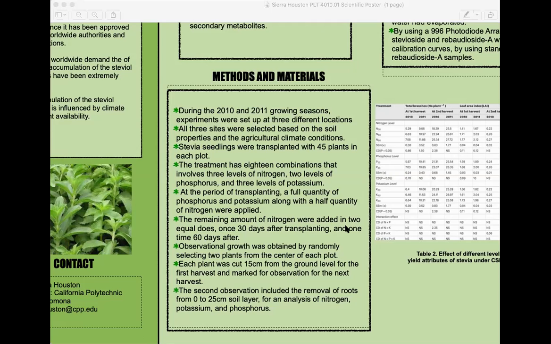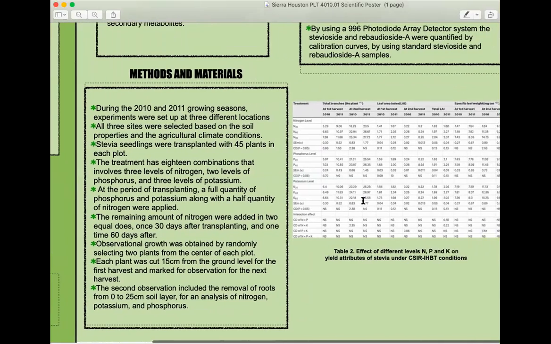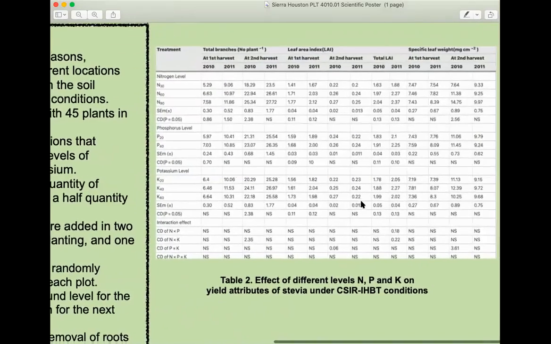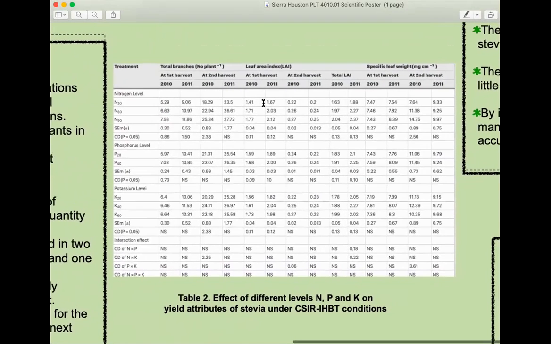For these methods, the stevia seedlings were transplanted with 45 plants in each plot. A half quantity of nitrogen and a full quantity of phosphorus and potassium were applied per treatment at the time of transplanting. This graph shows the different levels of potassium, phosphorus, and nitrogen at those different times.